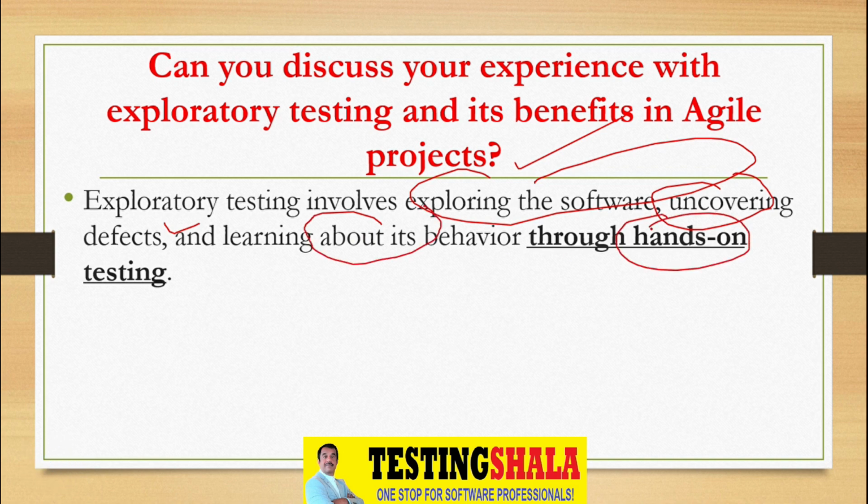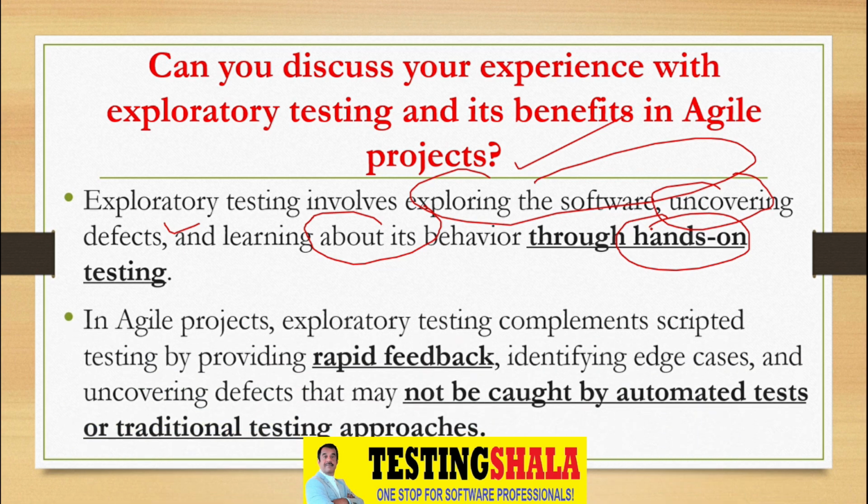Based on our past experience, we just keep learning the application and testing it, and by doing this we can provide quicker feedback to the development team. We can even identify edge cases.